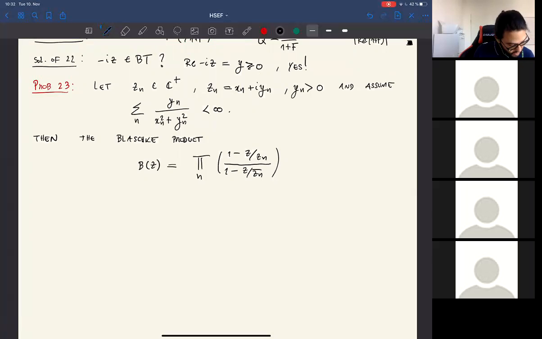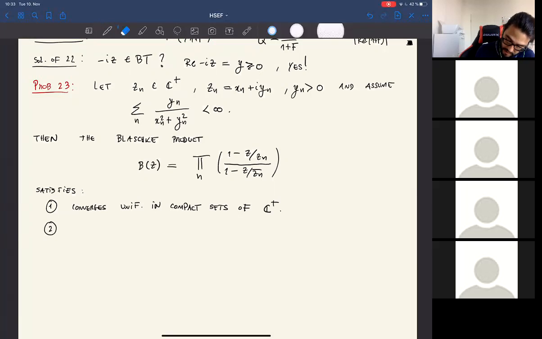Then the Blaschke product satisfies one, well, it converges uniformly in compact sets of C plus to C plus.